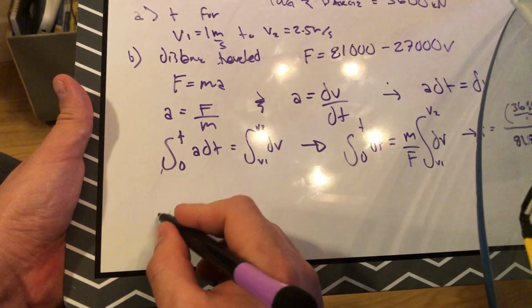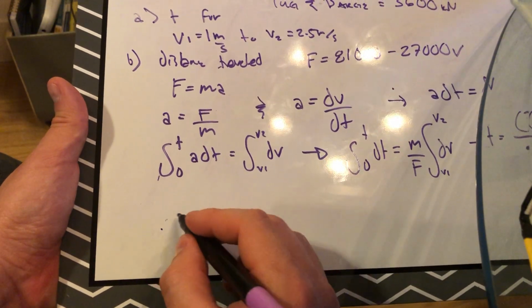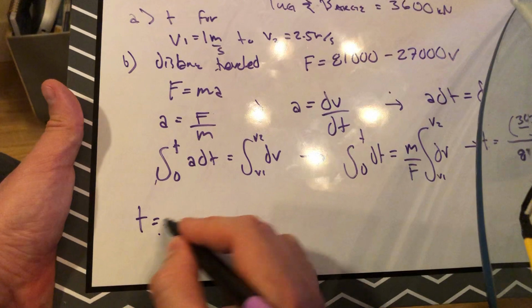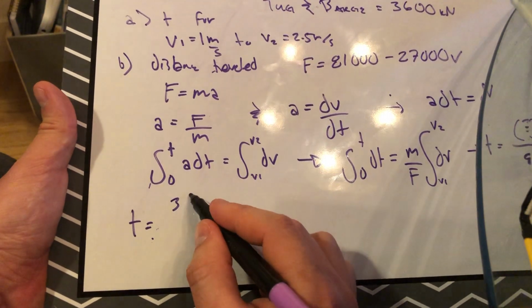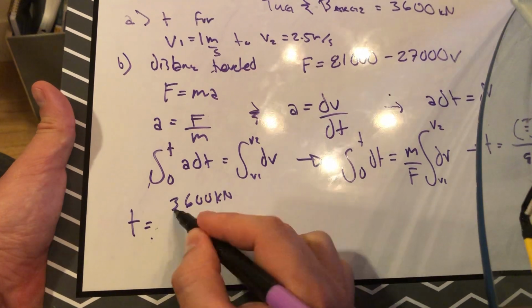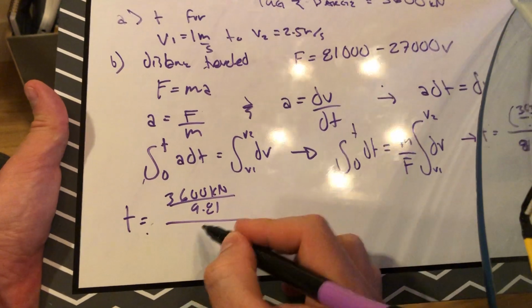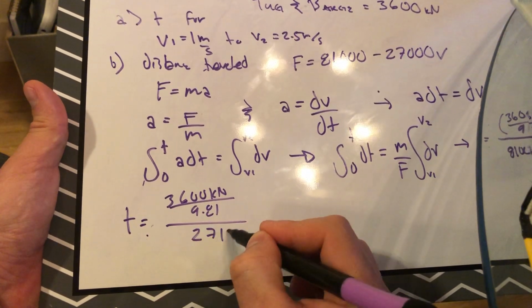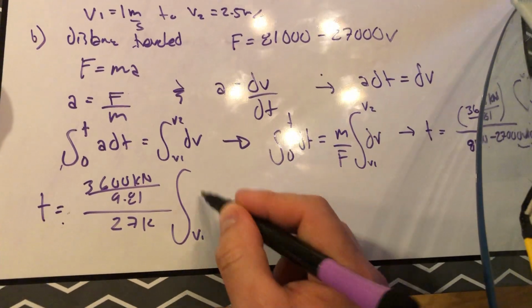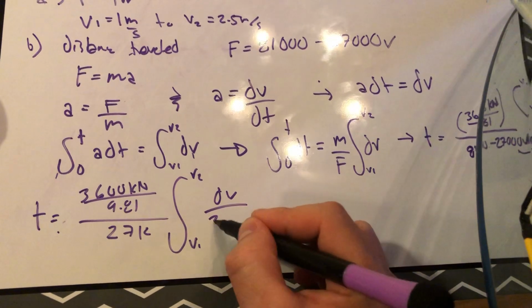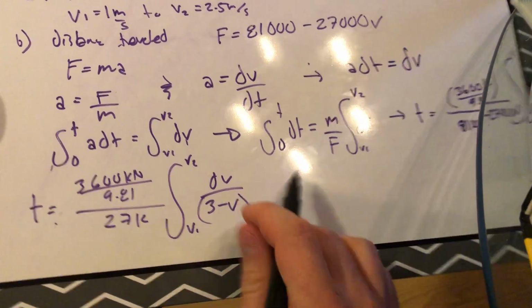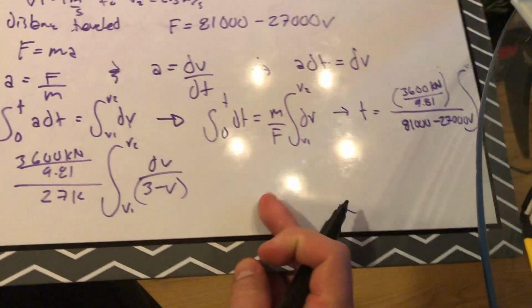What that is supposed to look like, if you did that earlier, which you should have, rather than wait until the last minute to sub in your components, is 3600K over 9.81, 27K, here will be V1, V2, and it's going to be dV over 3 minus V. Now we're talking. Now we actually have a velocity term to integrate.